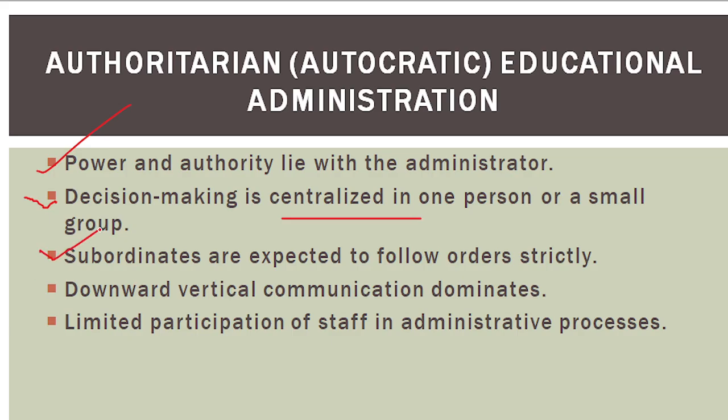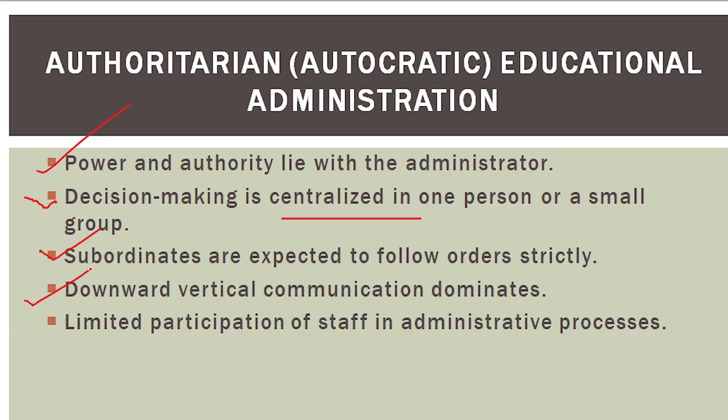Subordinates are expected to follow orders strictly. In this type of administration, all the subordinates only follow the orders coming from the administrator. They don't have any flexibility of their own, nor is their consensus taken into consideration.